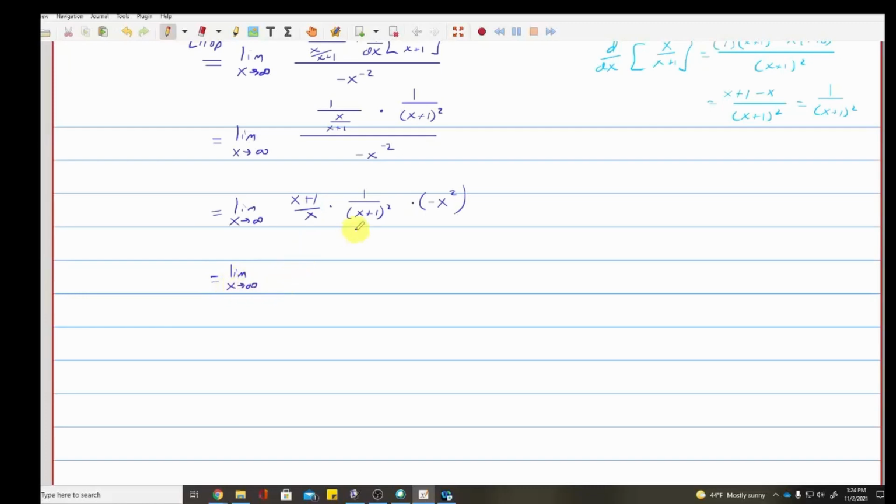Okay, so combining things together, I have an x plus 1 factor, a 1, and a negative x squared factor in the numerator. We have an x times x plus 1 squared in the denominator. My x in the denominator will cancel with one of my x's. My x plus 1 factor in the numerator will cancel with one of my x plus 1 factors in the denominator.